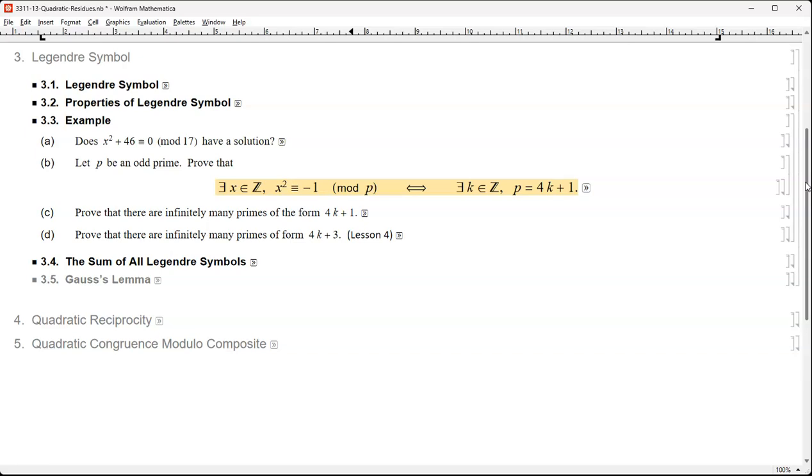We went through that. Now let's answer the next question, and we're going to have to use this.